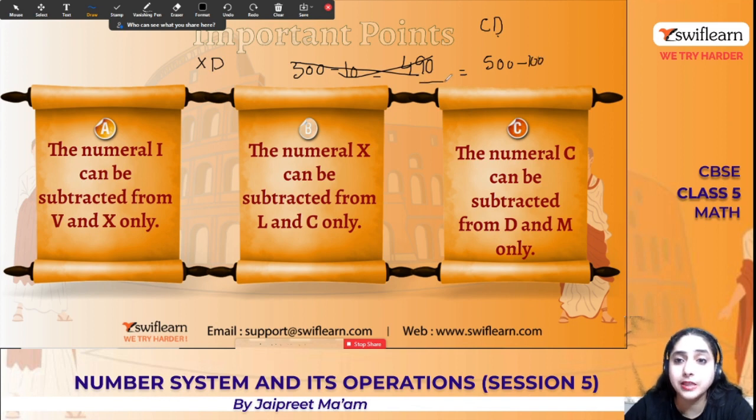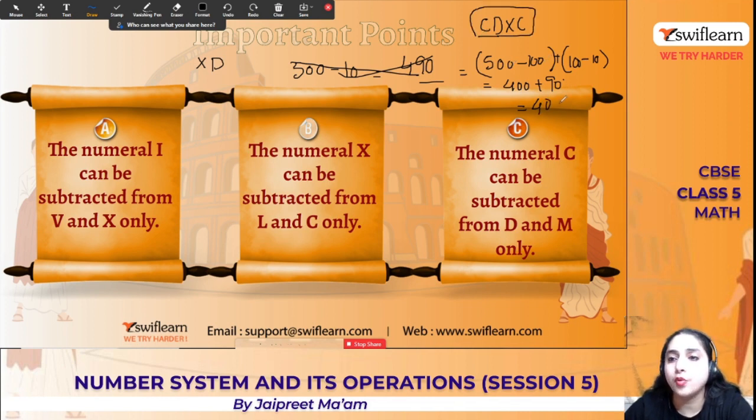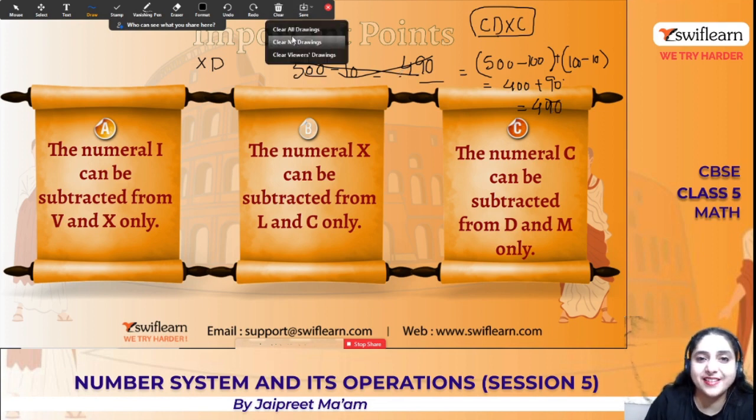And then we have to write 90. So we will write 90 as XC. That means you have subtracted 10 from 100. So it will be 400 and it will be 90. So it's 490. We can write CDXC as 490. We cannot write it the other way.